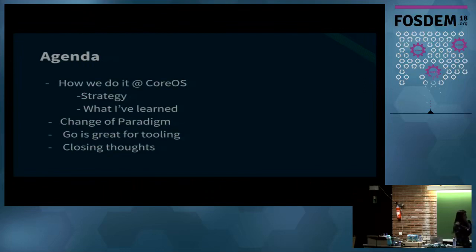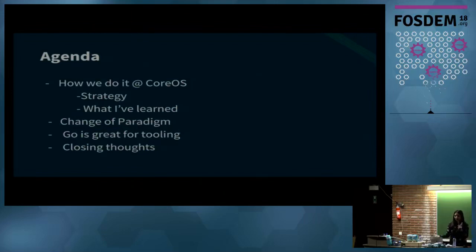So this is how the talk will look today. The first is how we do it at CoreOS, and this has two perspectives. First is strategies that we have been following, those that have worked and those that have not worked. And on the second part, it will be what I've learned, then change of paradigm, and you will see what I'm talking about with this.